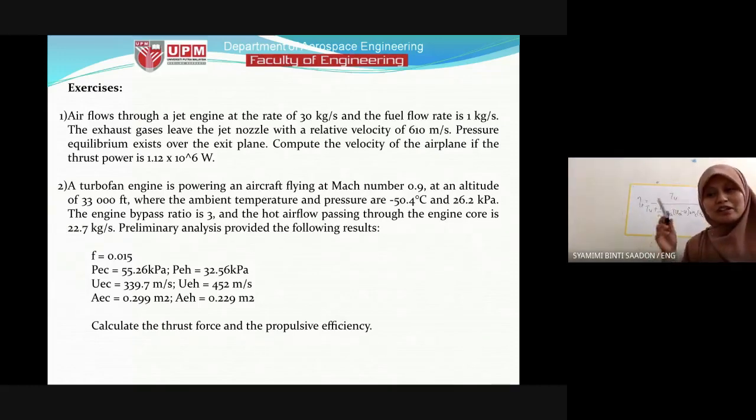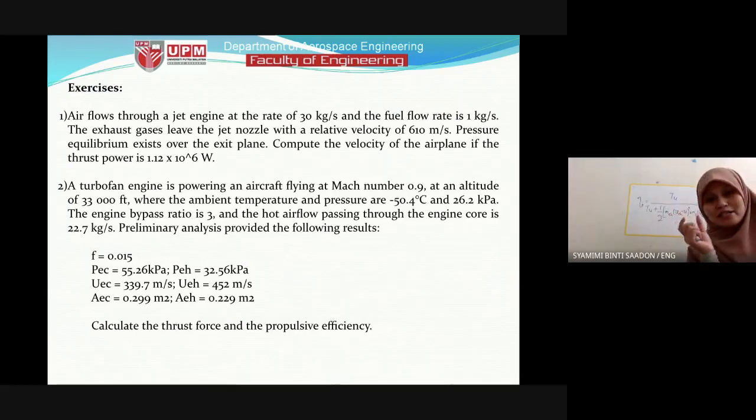This is like the kinetic energy equation, 1/2 mv squared. For power, it is m dot u squared. The first term is the same as in turbojet: 1/2 m dot exit, the mass flow rate at the exit, hot, times u squared.